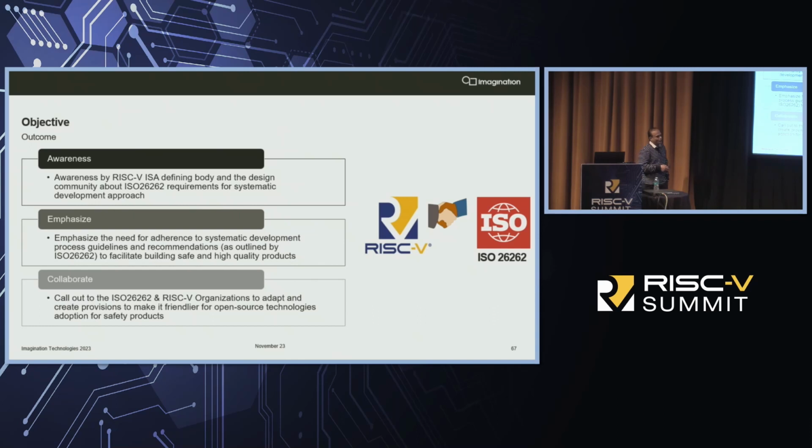I also want to call upon the RISC-V community and the ISO standards to collaborate, work with each other, understand the challenges and pain points from each other, and make things easier for the RISC-V community to design products for the automotive industry. So that's the primary aim of this talk.